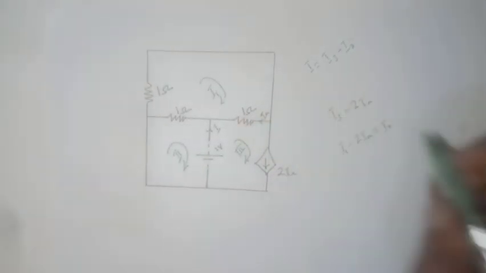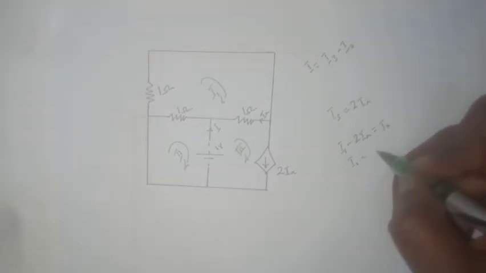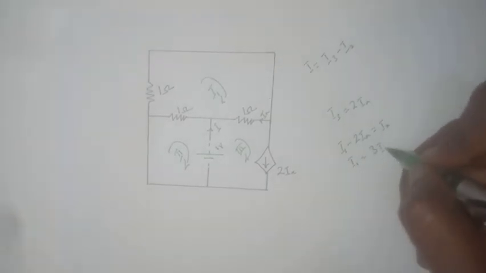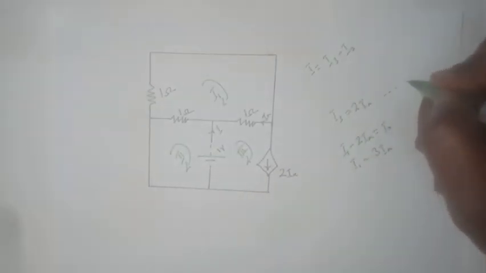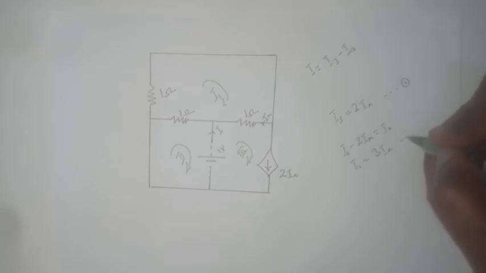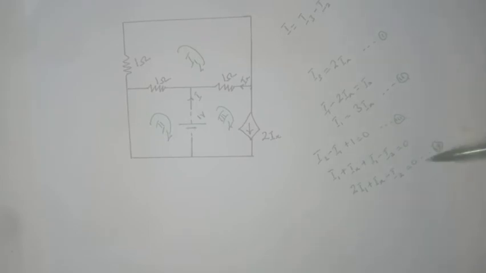From this, we can say that I1 equals 3Ix. We can call this our first equation, and this our second equation. These three equations can be solved simultaneously.